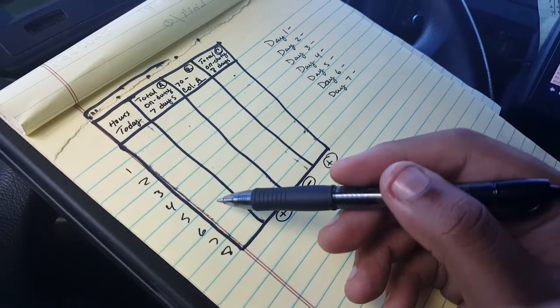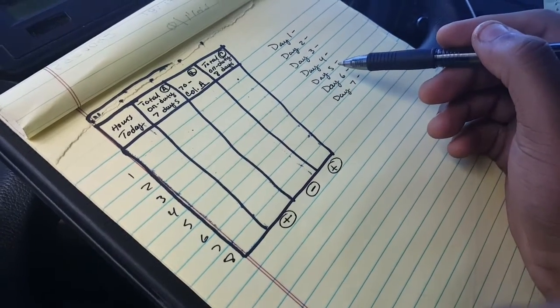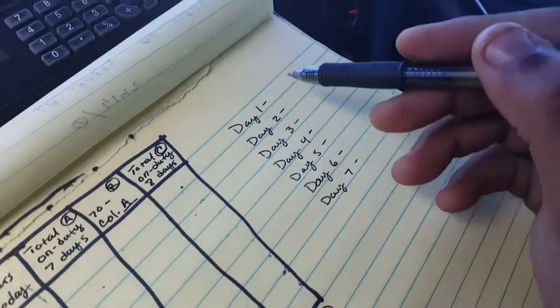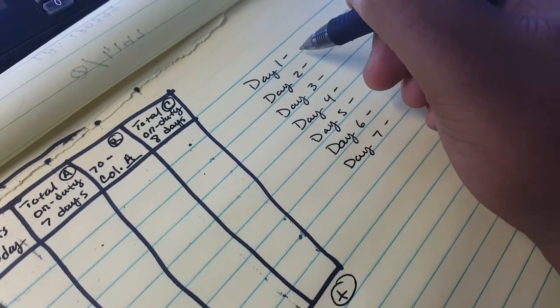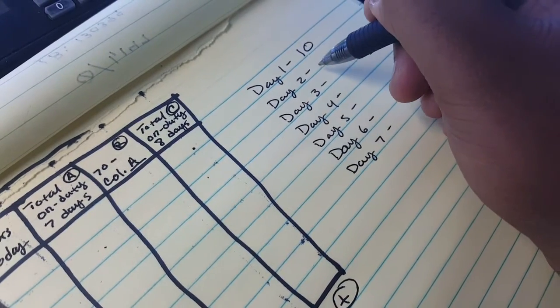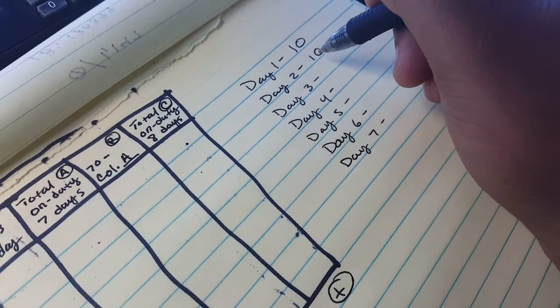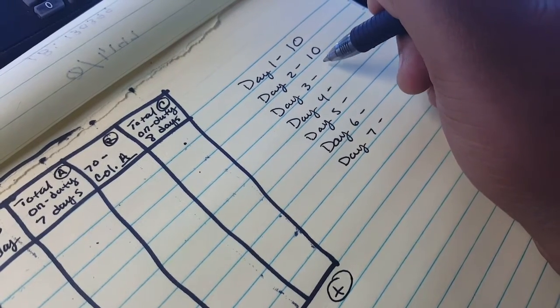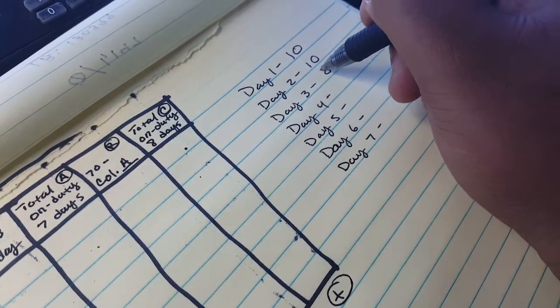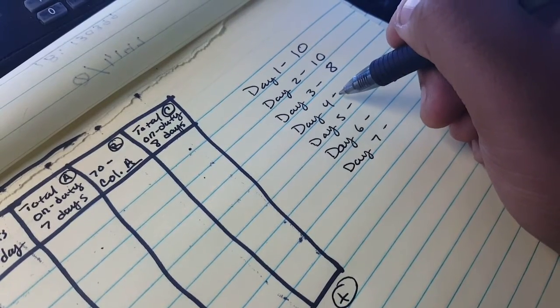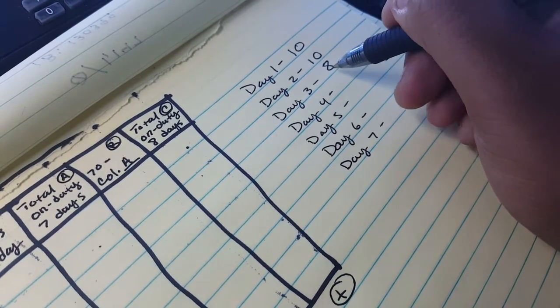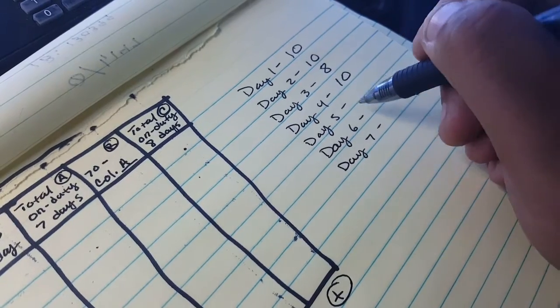So before we get started with the chart, let's get our time set up for each individual day. Day 1, we're going to say we did 10 hours. Day 2, we did 10 hours. Day 3, let's say we did 8 hours. Day 4, we're feeling good, so we did another 10 hours.